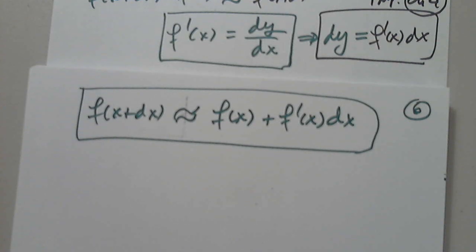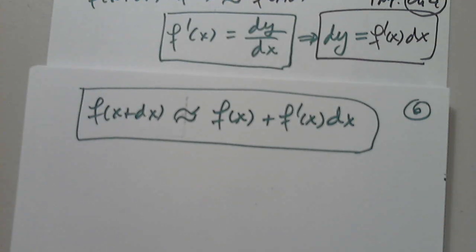Part C, dy for the given x and dx values. Fine. So they want the exact change for a minor error in x. They want the approximate change for a minor error in x. And also they want us to evaluate the approximation for the given values of x and dx.